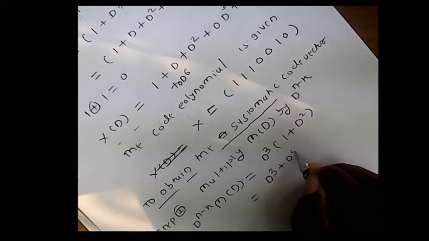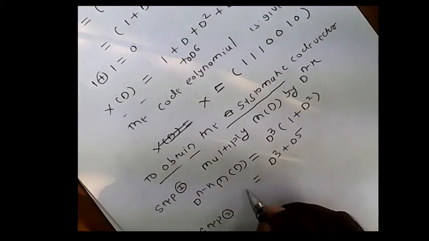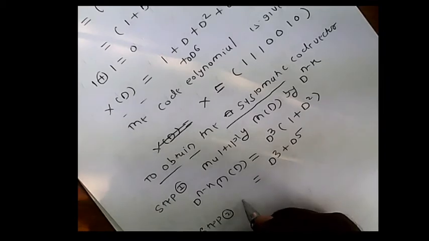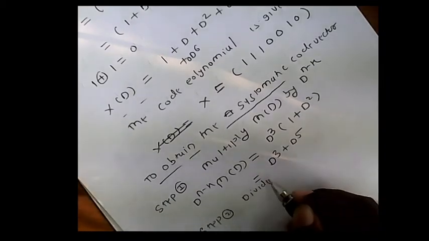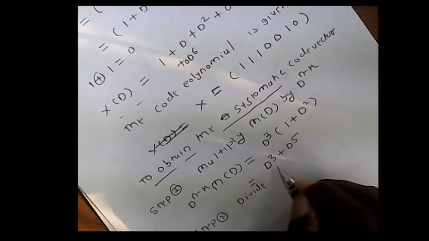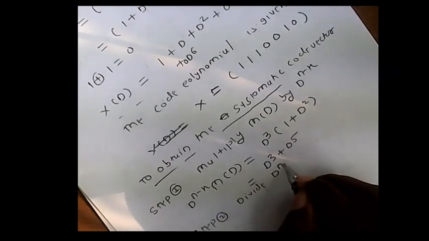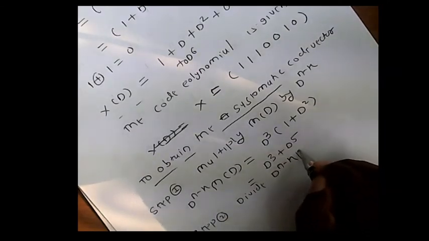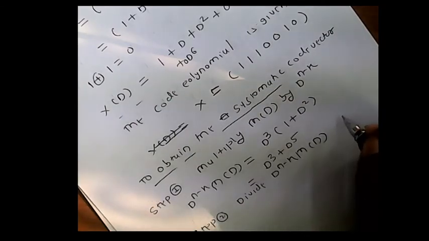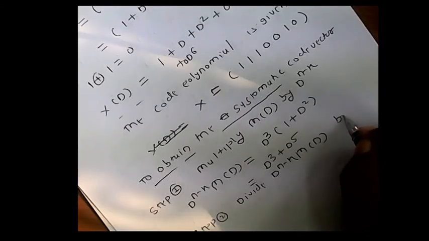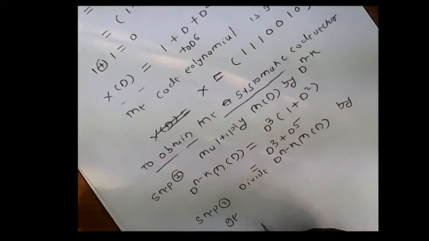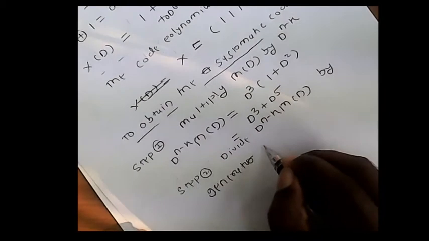So we get d cubed plus d raised to power 5. Then step 2: divide d raised to n minus k times m of d, which is obtained in step 1, by the generator polynomial.